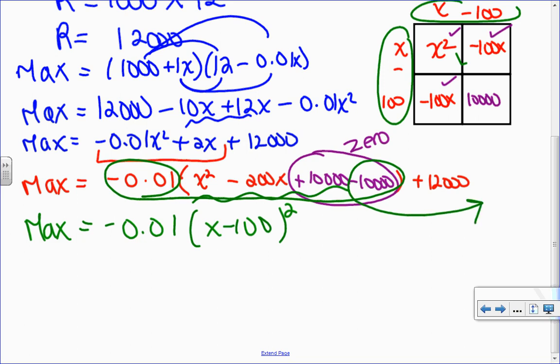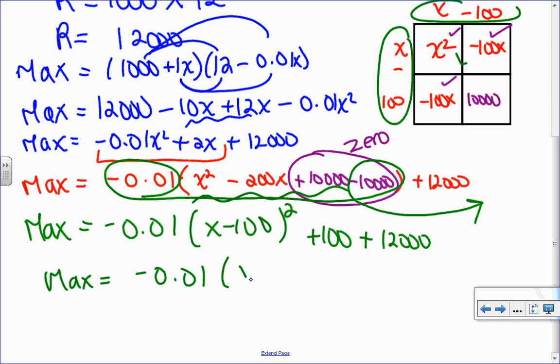What comes out is $100 plus the 12,000 that is there. So just to finish this off, negative 0.01 times x minus 100 squared, plus 12,100. Oops, one too many zeros. I was getting excited about my profit.